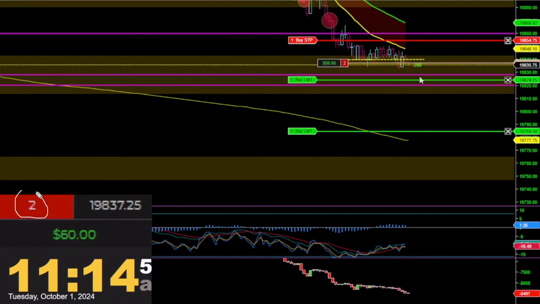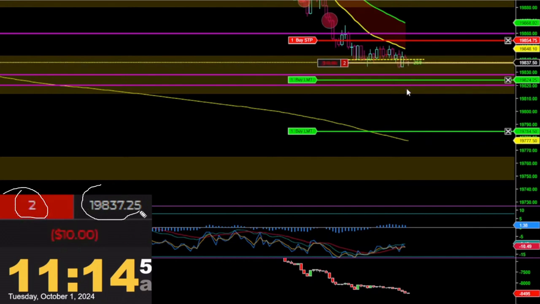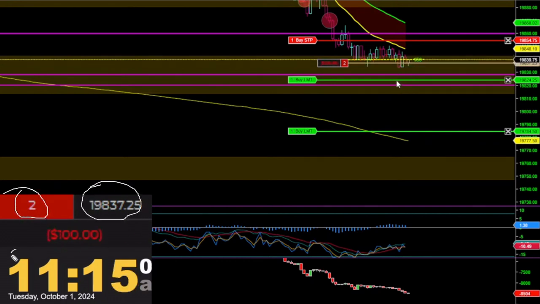This right here tells you how many contracts I have. These are the price that I got in, and this is the date and the time.